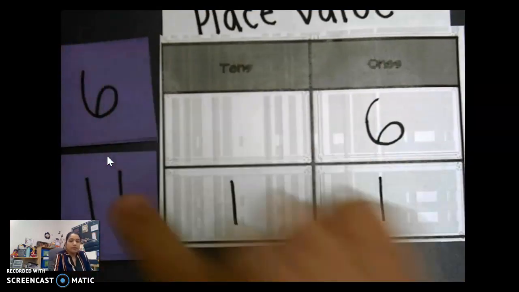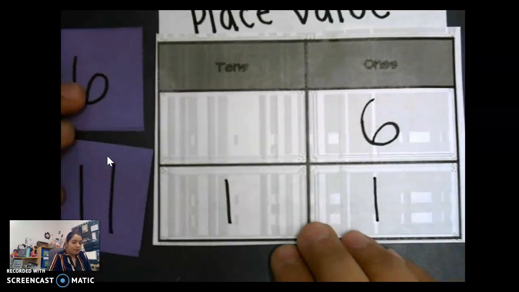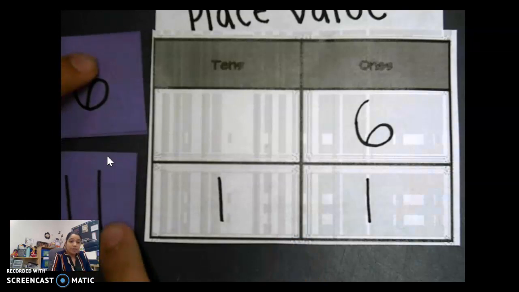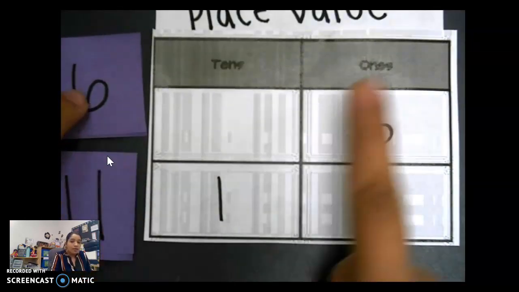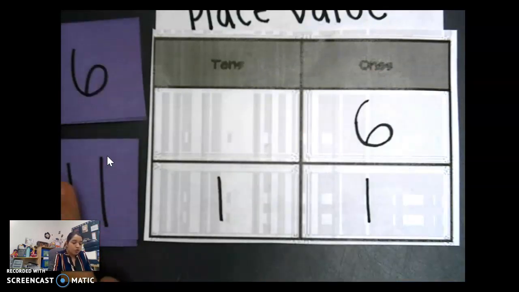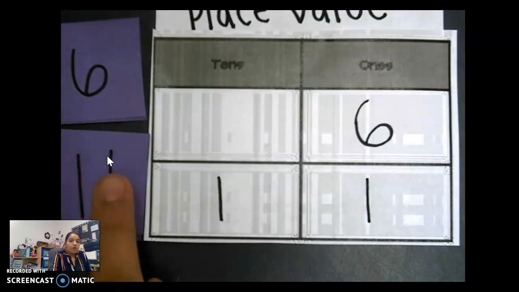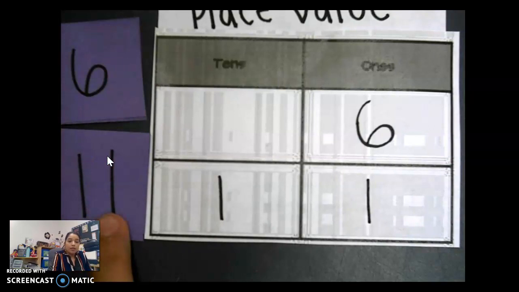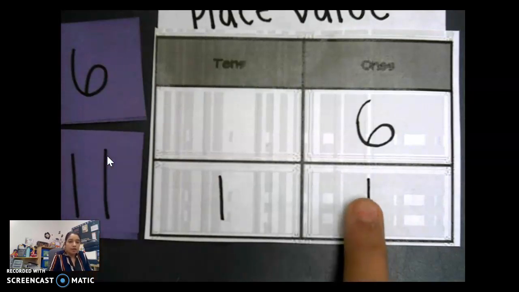So now we can see our two numbers, 6 and 11, in our place value chart. Since 6 is a one-digit number, we're going to put it in the ones column. One digit, ones column. In the two-digit number, like 11, we put one digit in the tens and one digit in the ones column.